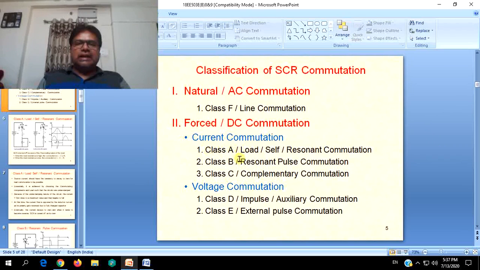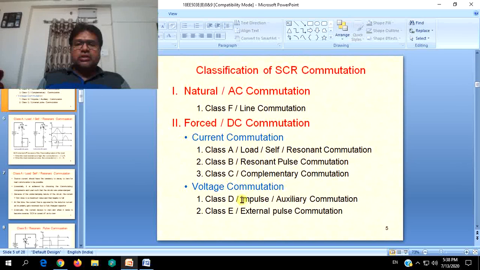Both class A and B are some sort of resonant circuit, where the resonant components or commutating components will be in resonance with the load, so that it will be in underdamping nature and current will be automatically decreasing to 0. Whereas in class B, commutating components L and C will be in resonance and connected in parallel with the SCR to turn it off.